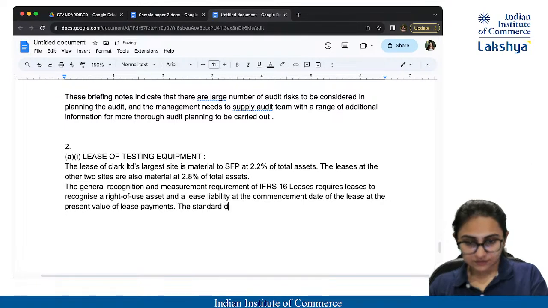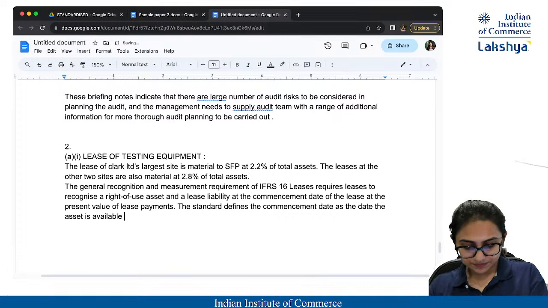The standard defines the commencement date as the date the asset is available for use by the lessee.